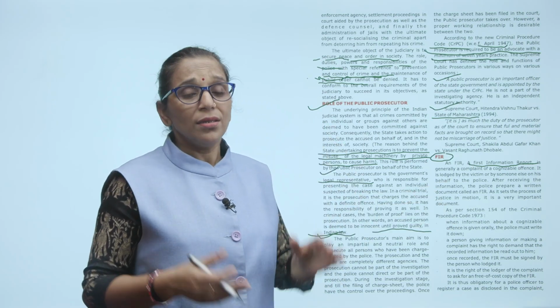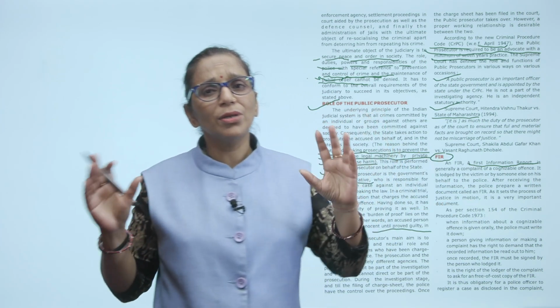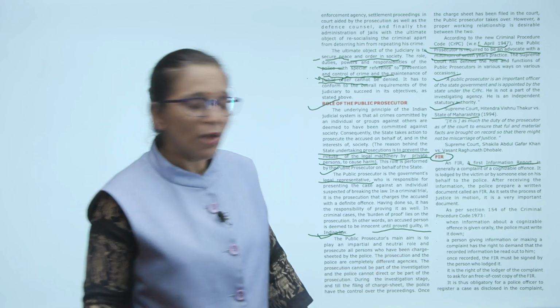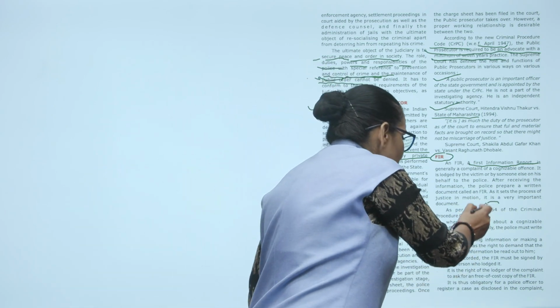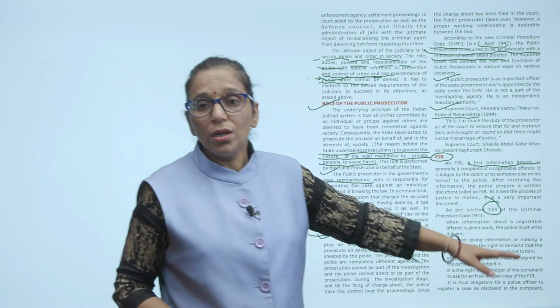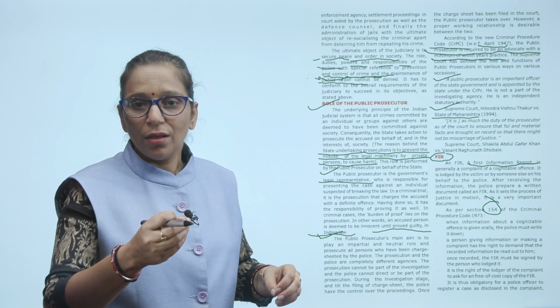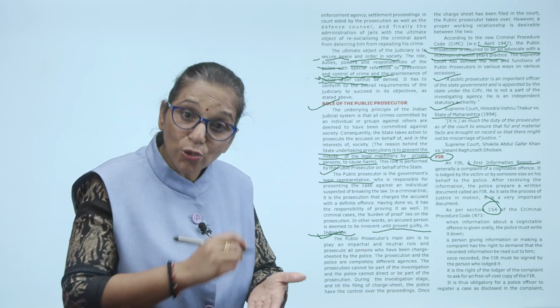Until and unless the person lodges the FIR in the police station, police are unable to investigate that particular incident. As per section 154 of the Criminal Procedure Code 1973, when information about a cognizable offence is given orally, the police must write it down. It should be in writing.